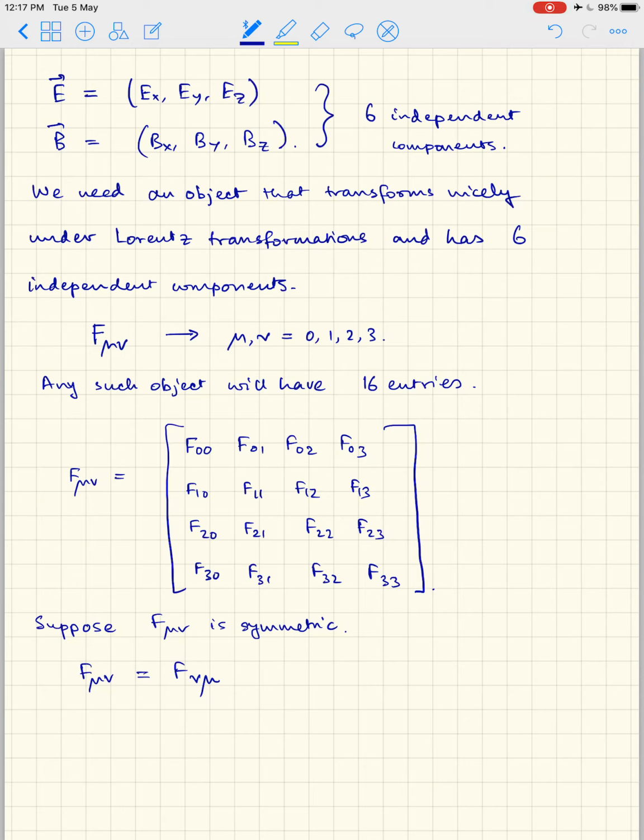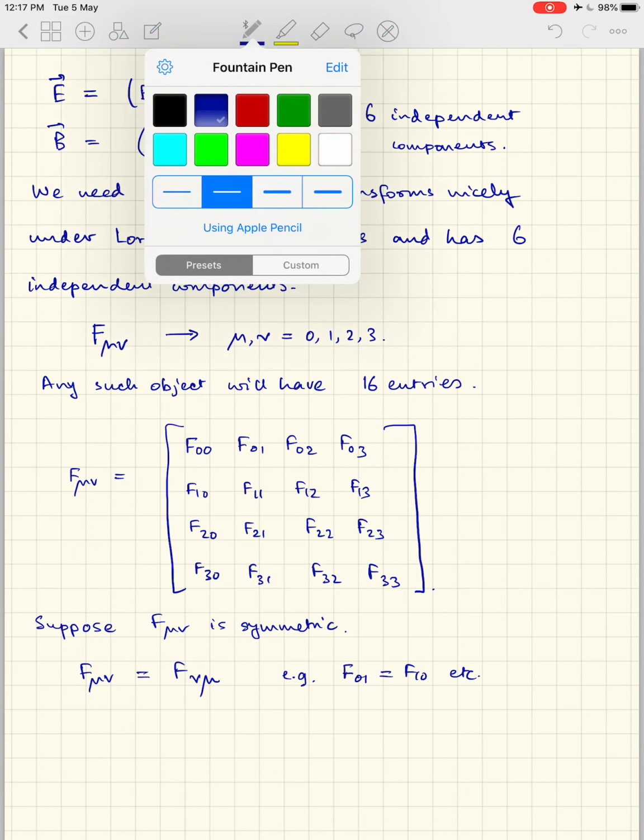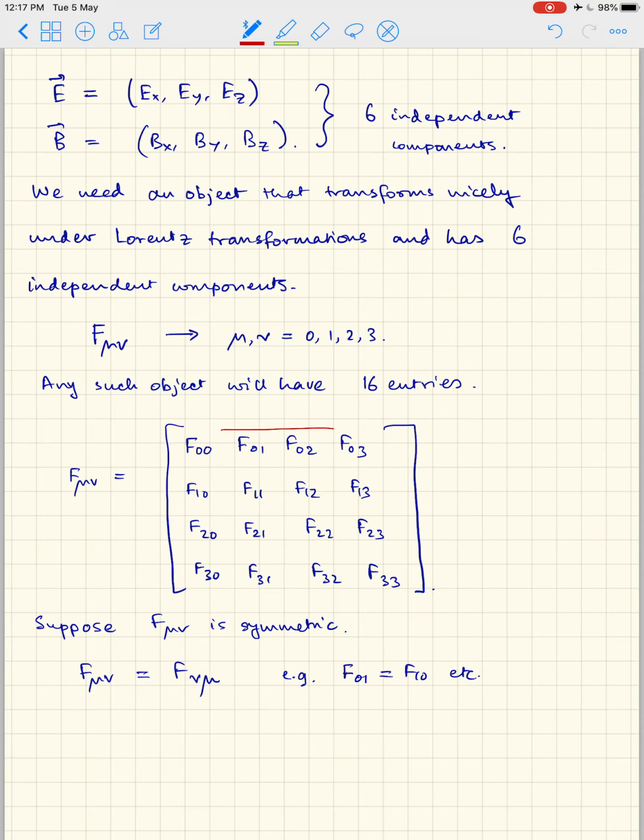So what happens then is that off diagonal entries, for example F01, become equal to F10, etc. So these 6 objects get related to these 6 objects, right?